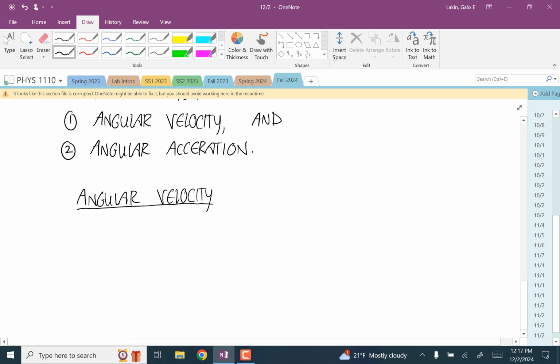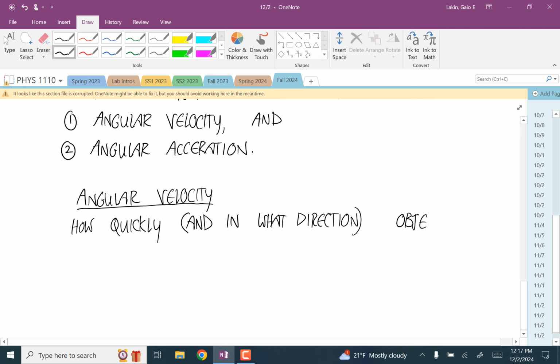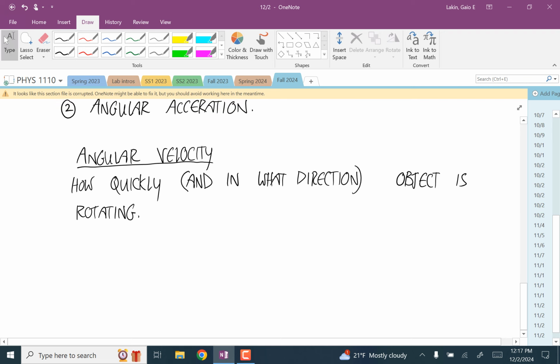Angular velocity is how quickly and in what direction an object is rotating. And we're going to give this the variable, the Greek letter omega, the lowercase omega.